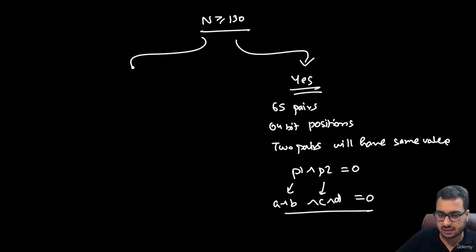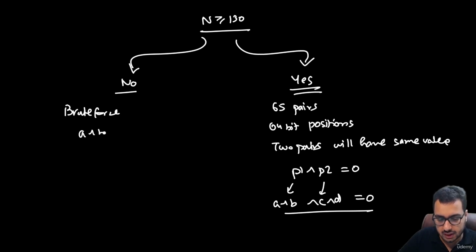But if n is less than 130, then we can actually use a brute force approach. We need to find four numbers such that a XOR b XOR c XOR d is equal to 0. Or what we can do is, we need to find a number d.